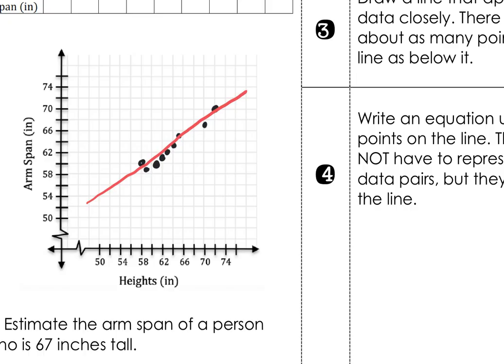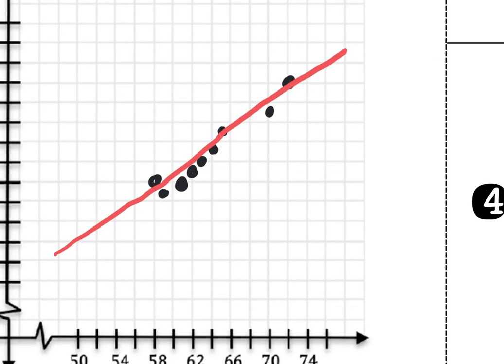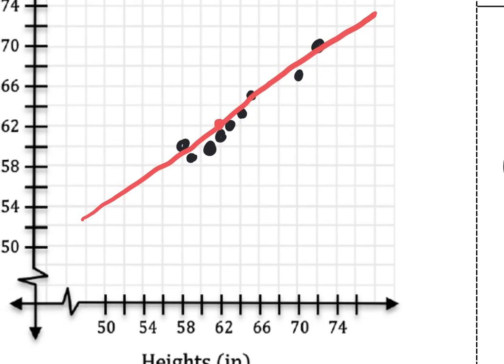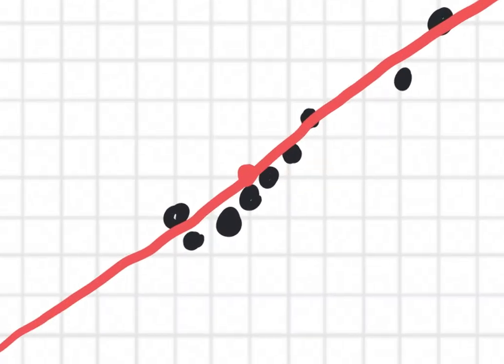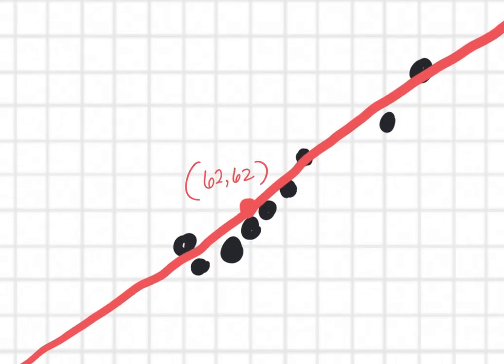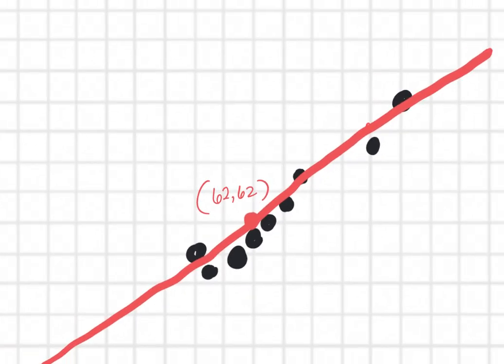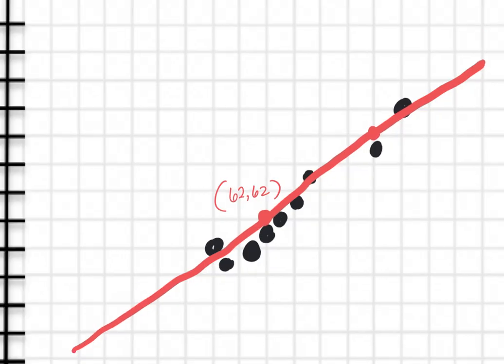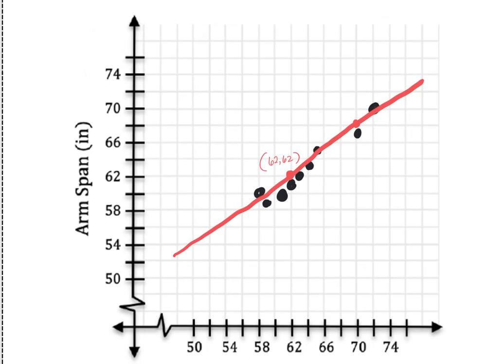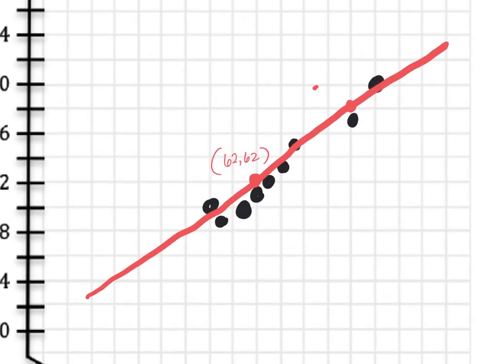So the way I drew my trend line, I might choose to use this coordinate point, which would be 62, 62. And then maybe I would use this point where it goes directly through those coordinates, which would be the point 70, 68.